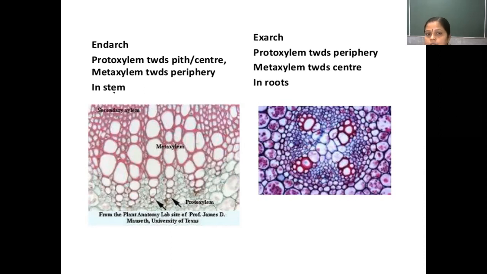So these are metaxylem, wider cavity elements, and these are protoxylem, narrow vessels. If protoxylem is facing the inner part of the tissue and metaxylem is facing the periphery, such an arrangement is said to be endarch.